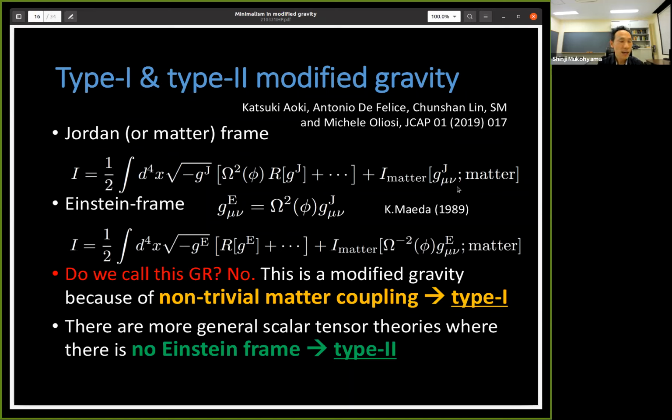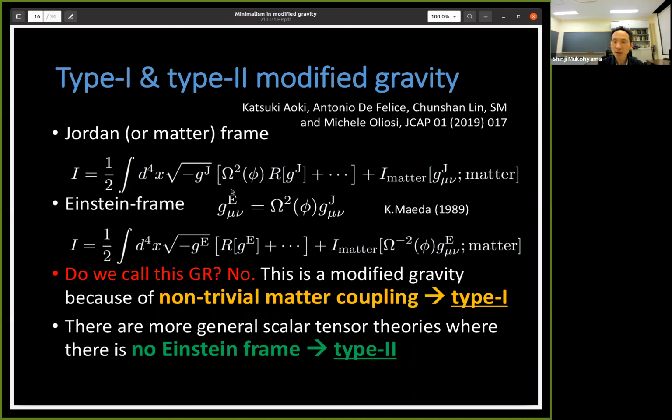This looks like modified gravity because the Einstein-Hilbert action is multiplied by some function of the scalar field. Indeed, this is modified gravity. But the interesting thing is that we can perform the so-called conformal transformation to define a new metric, by multiplying the metric by some function of the scalar field, which is the same form as this function.